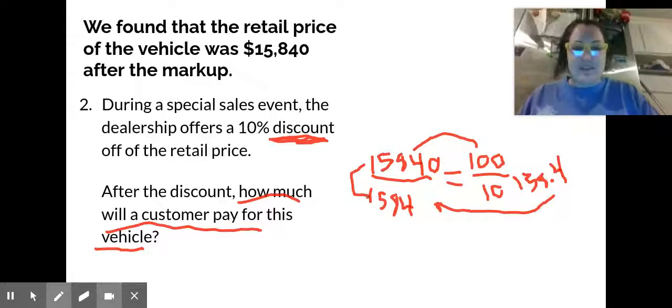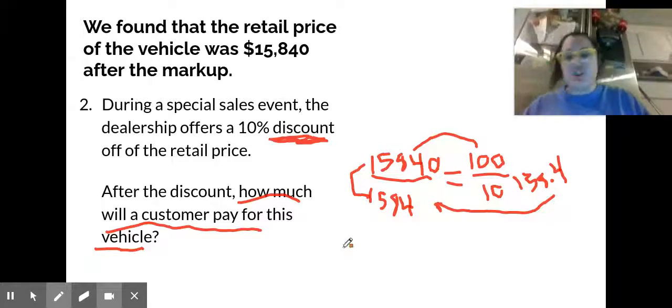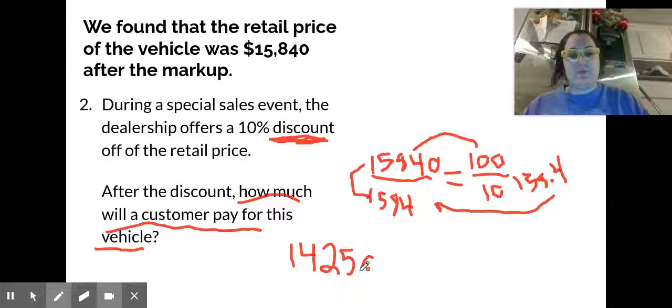So you have $15,840 minus $1,584, and you get the new total amount of $14,256. So that's how much you would pay.